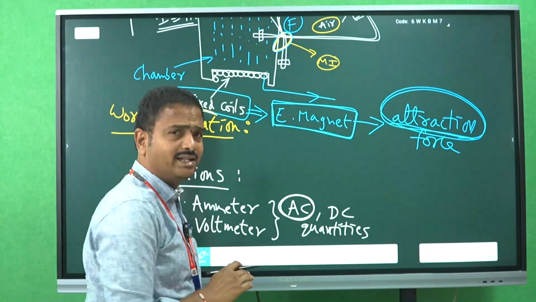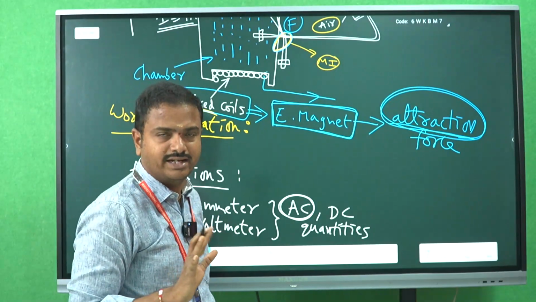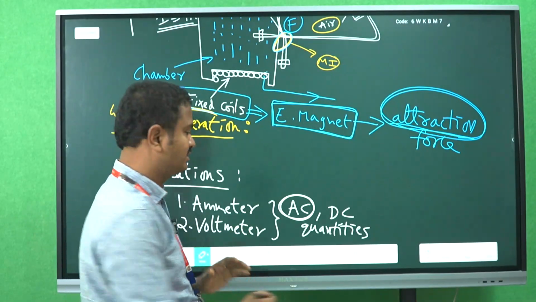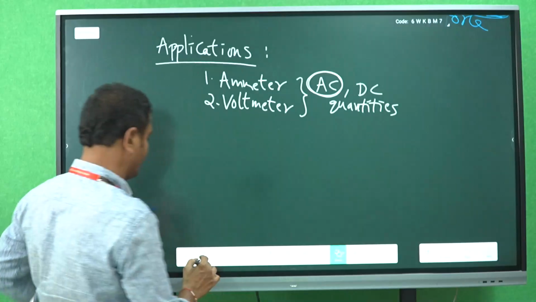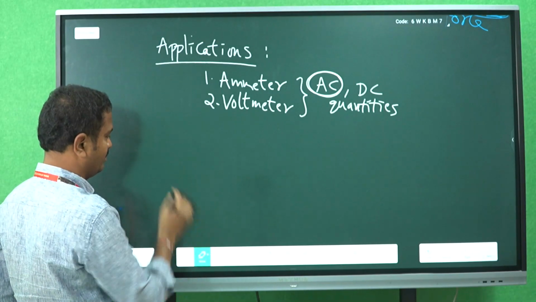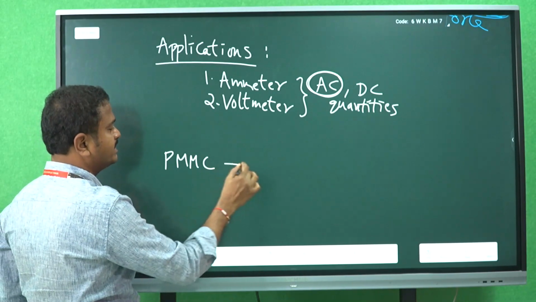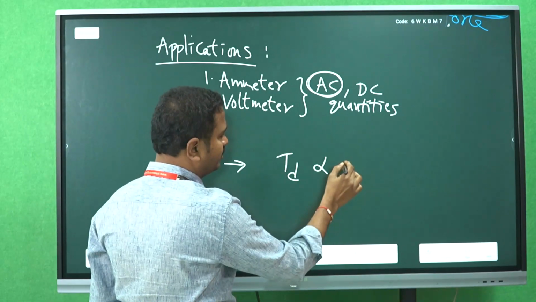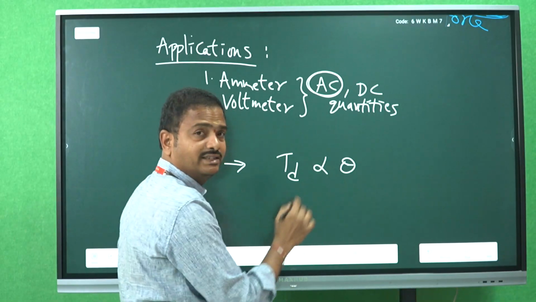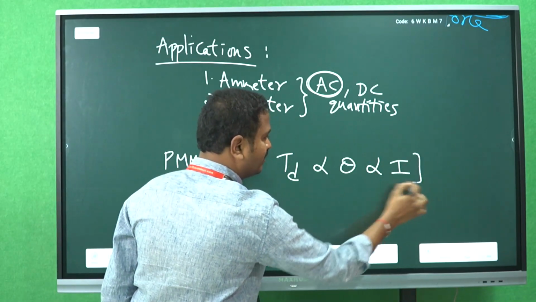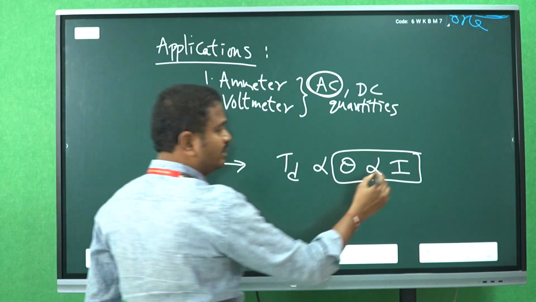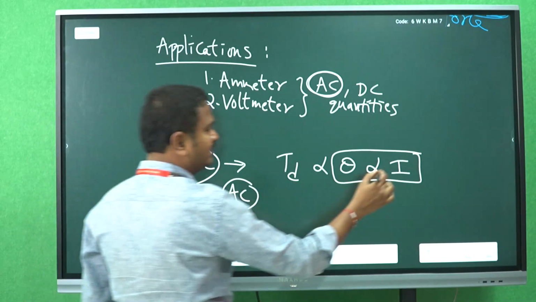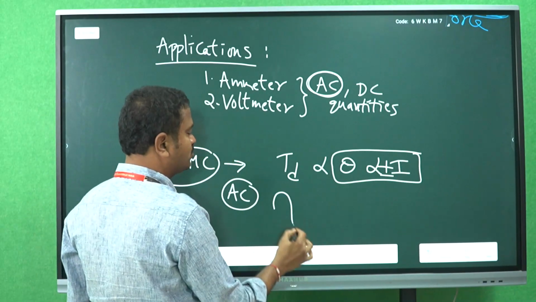Okay, in the previous class I explained about the PMMC instrument, right? PMMC instruments are only for DC quantity measurements, because in the PMMC instrument the deflecting torque is proportional to theta, the angle of deflection. This angle of deflection is proportional to the magnitude of current. If we connect this PMMC instrument in the AC supply, then in the AC we have a positive peak and a negative peak, right?